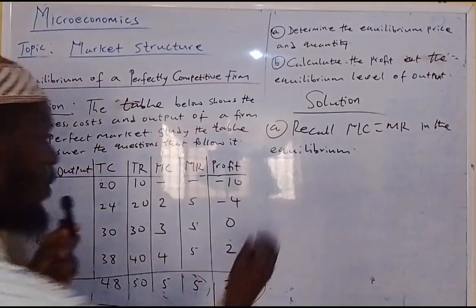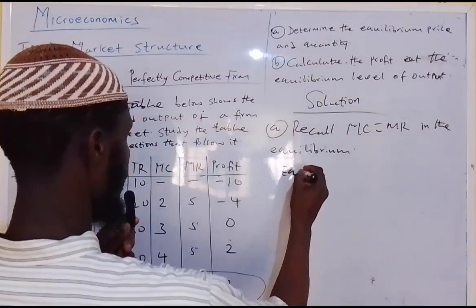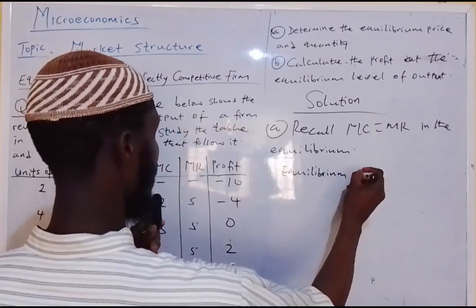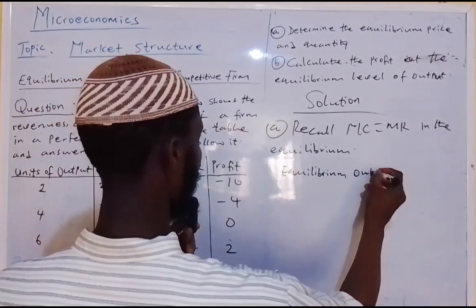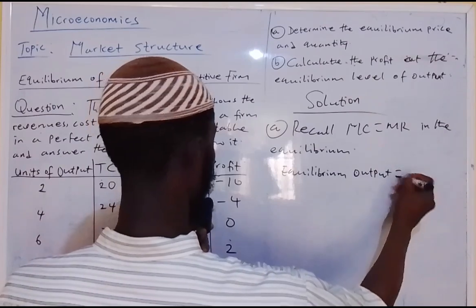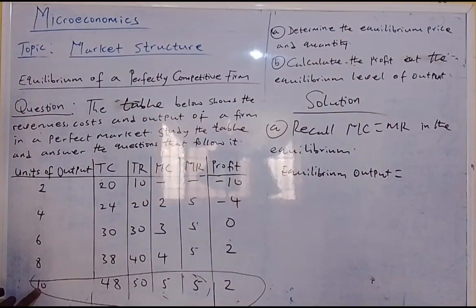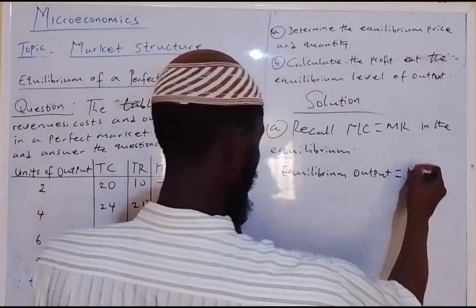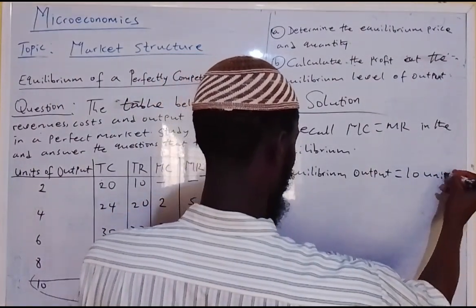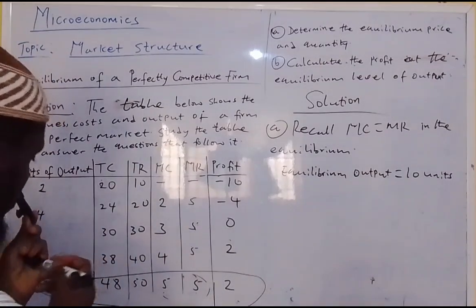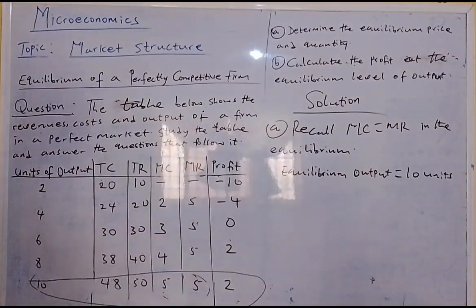So that means our equilibrium output or quantity, if you like, is equal to the corresponding unit of output here, equals 10 units.